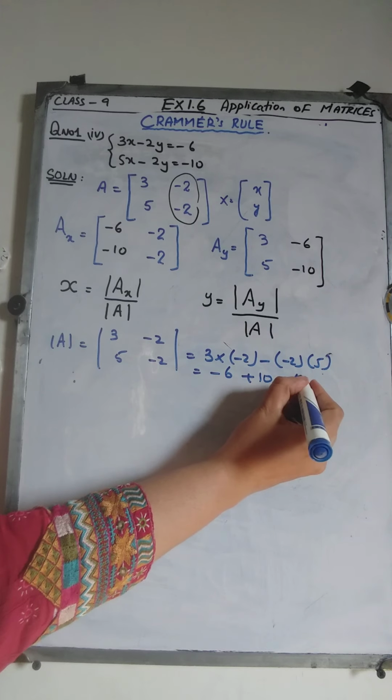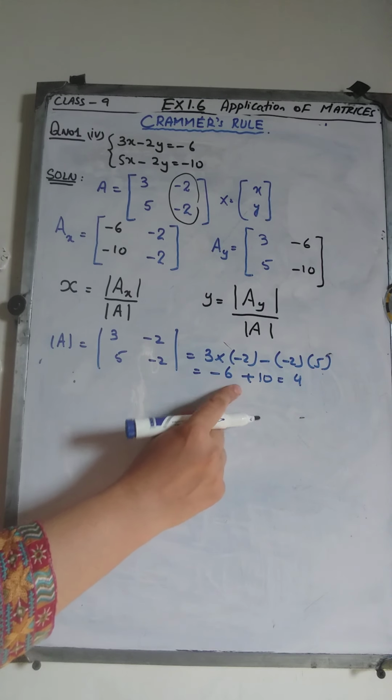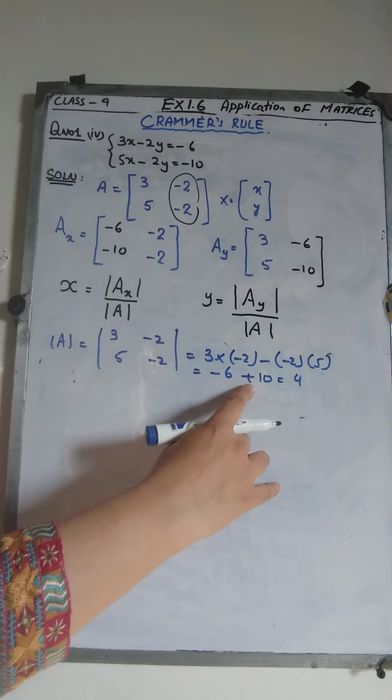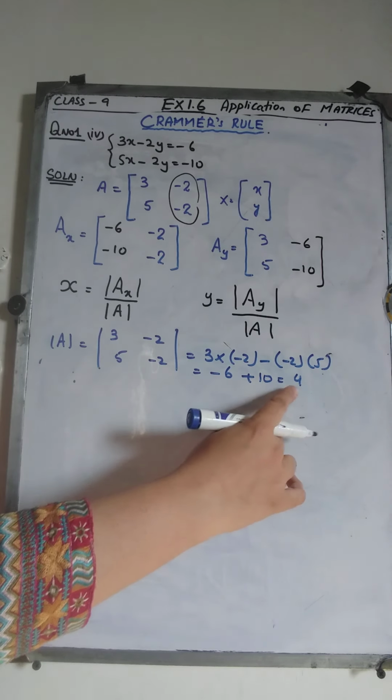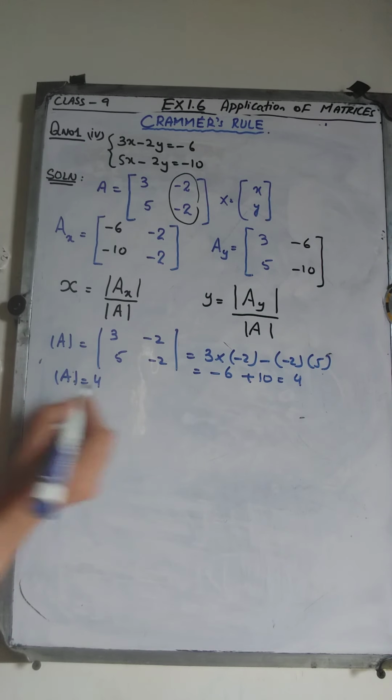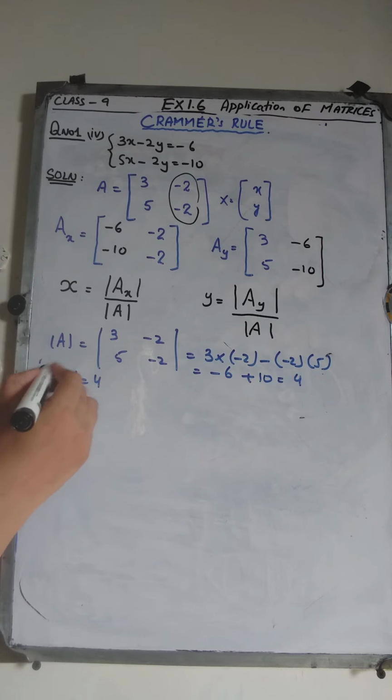So the answer will be +4. Because the signs are different, we subtract: 10 minus 6 is 4, and we put the sign of the greater number. So determinant of A is equal to 4.